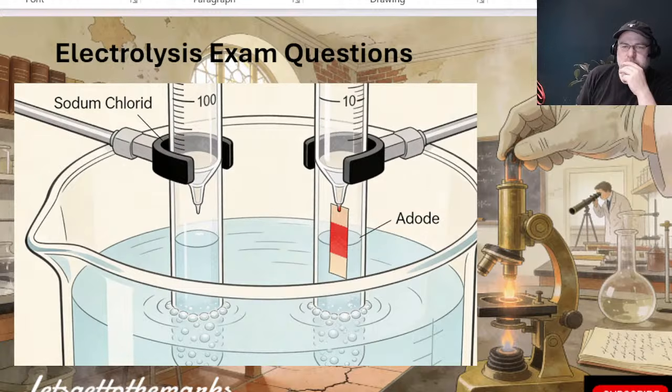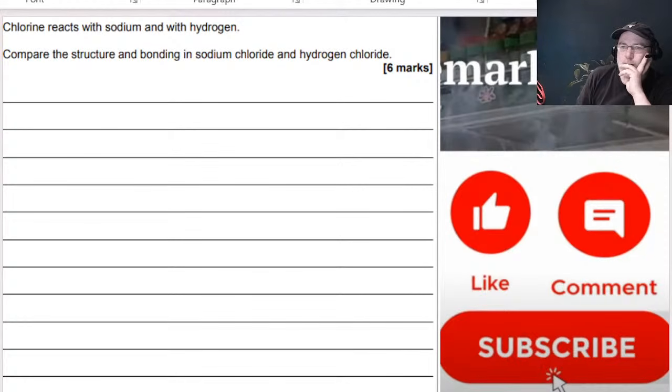Let's do an electrolysis question. No, structure and bonding. Where are you? Electrolysis. Oh, would have been nice if I hadn't scribbled all over all of these like a plum. Yeah, I've kind of scribbled all over these.